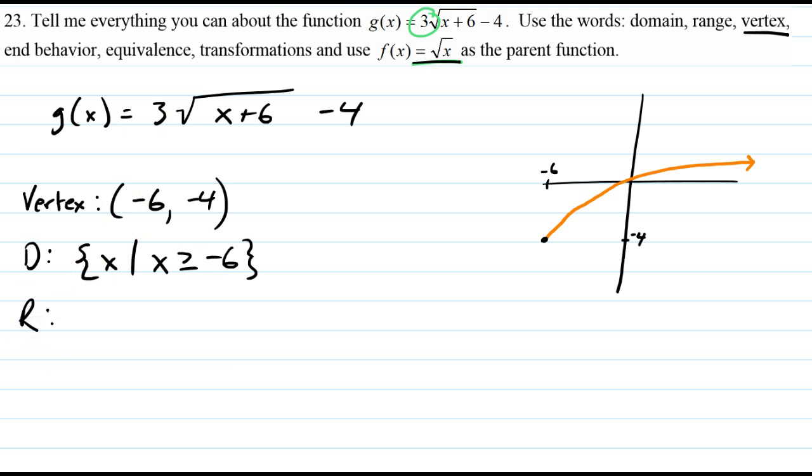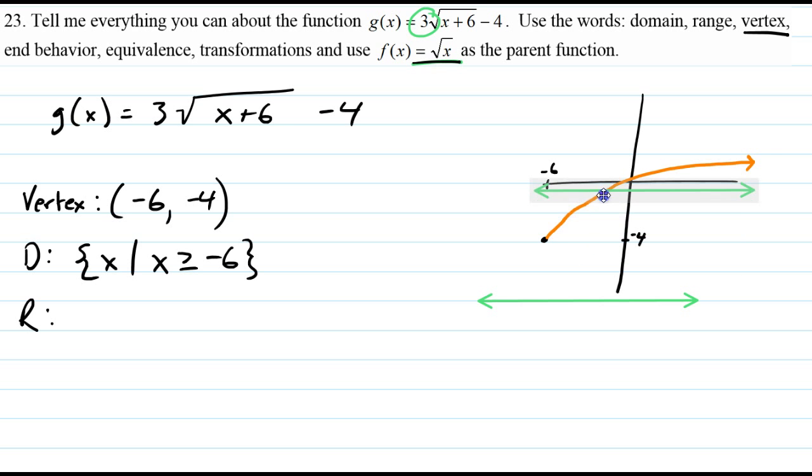Our range, we look at a horizontal line, and we move that up the graph, and the first place it touches is at negative 4.